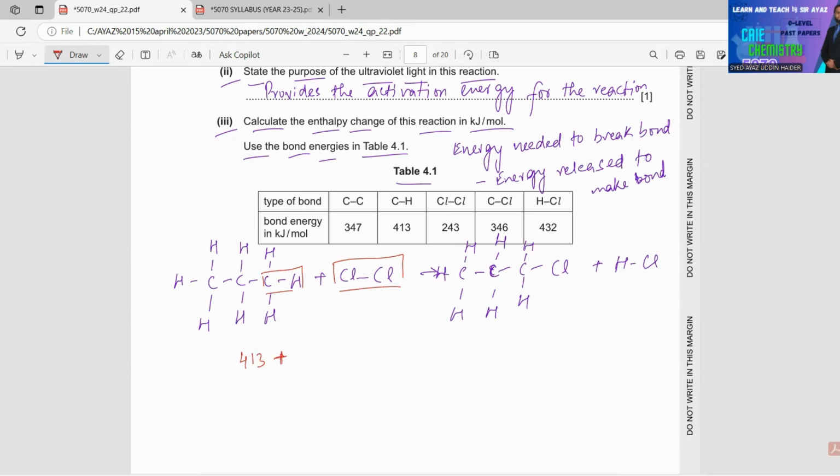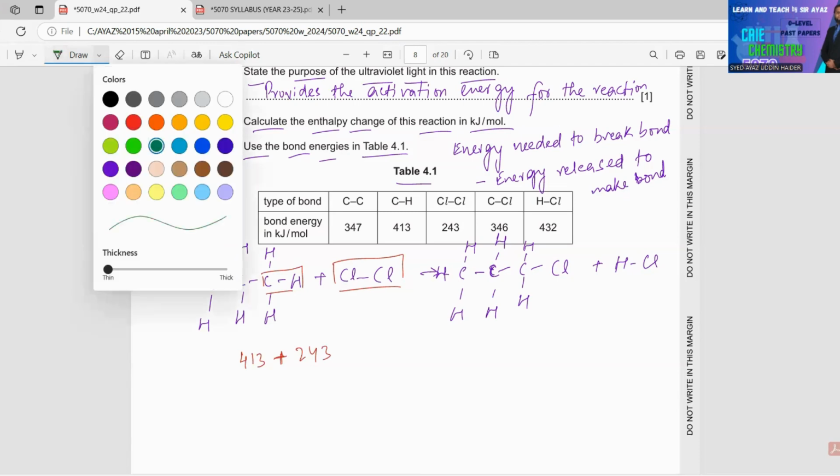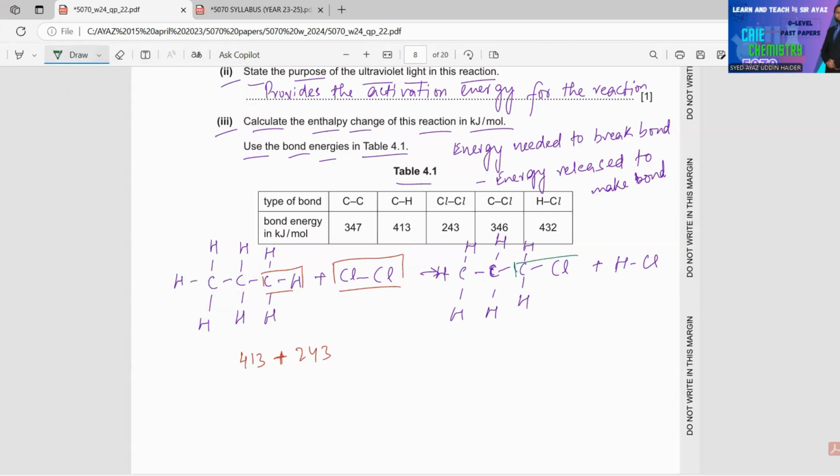And Cl-Cl bond, we have one, so you'll write 243. Now, what bonds are made here? CCl bond is made here, and HCl bond is also made here. So CCl bond, we have 346 plus HCl bond, 1 mole of HCl bond, so you'll write 432.